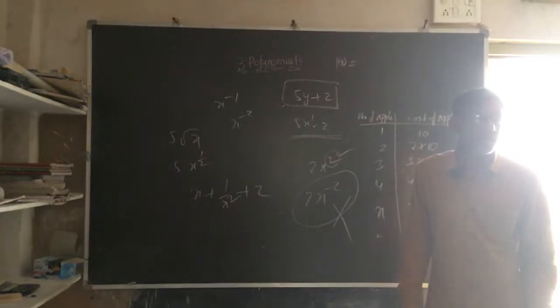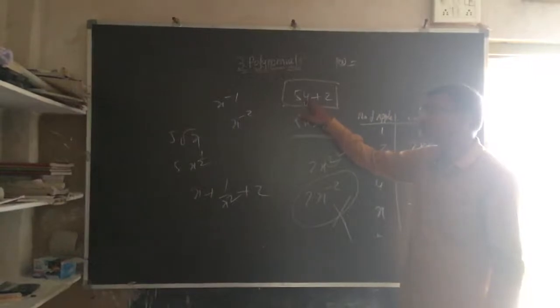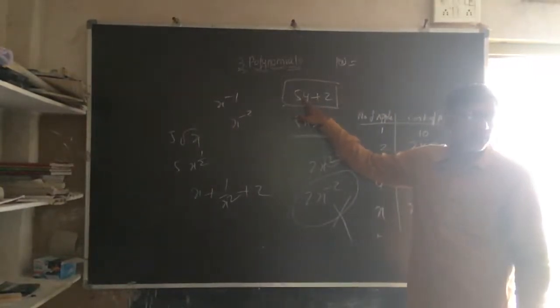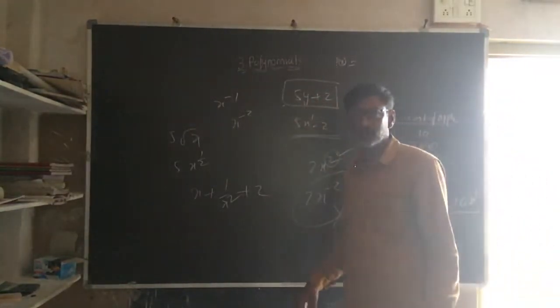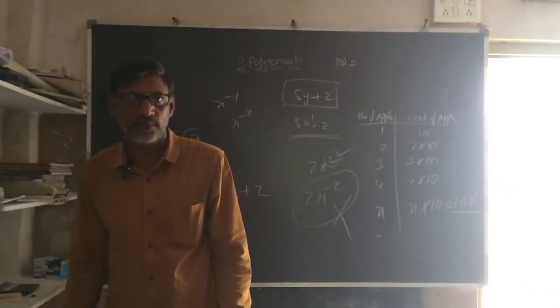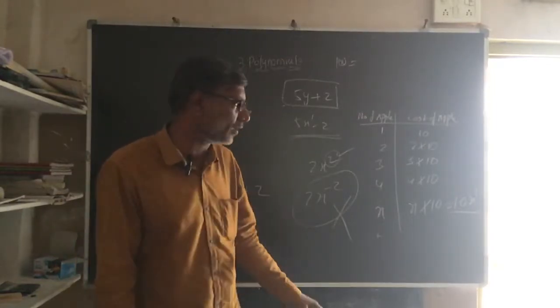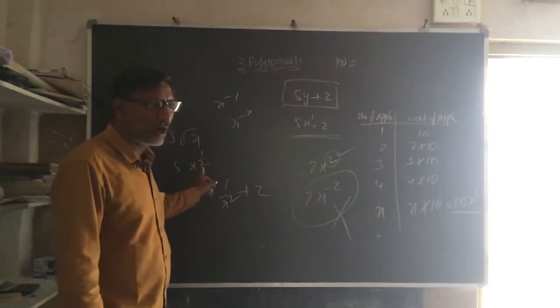A polynomial is an algebraic expression with all terms with positive powers of the variable, whatever it may be. Here the variable is x, here the variable is y. All terms with positive powers, not negative powers, not radicals like 1 by 2 or 2 by 3.